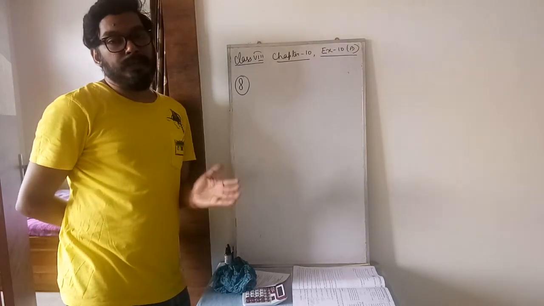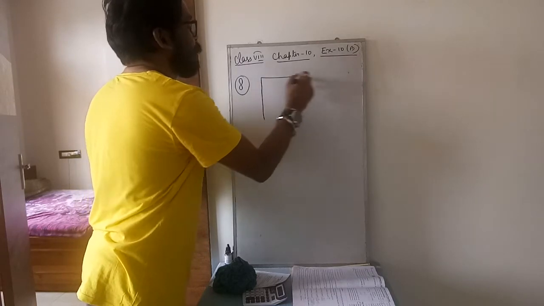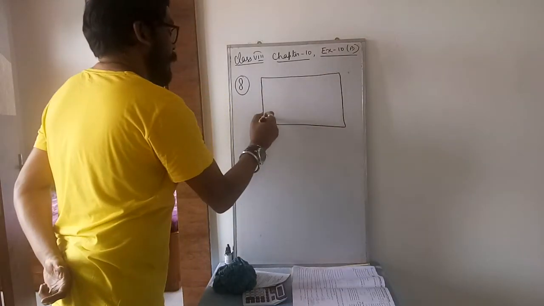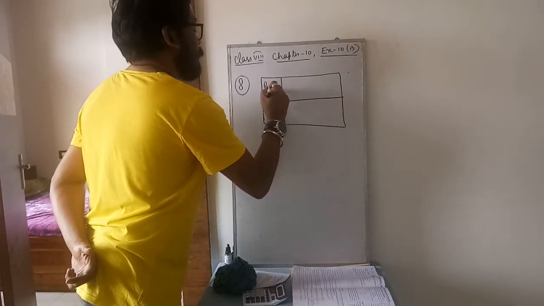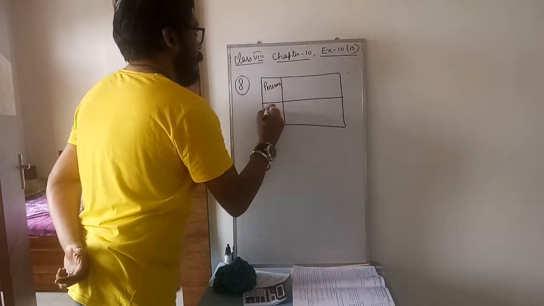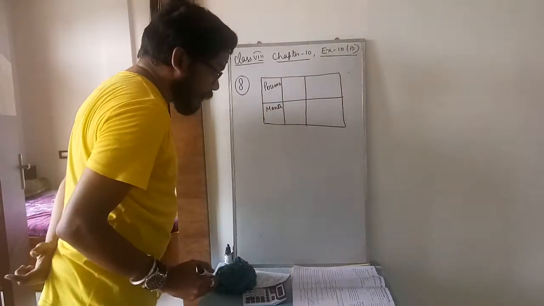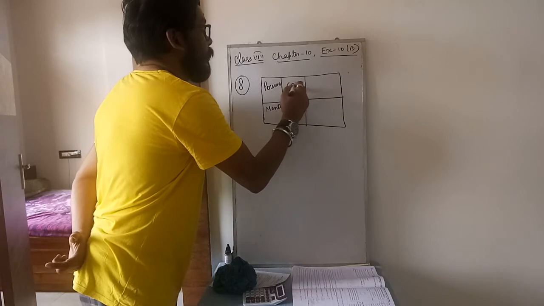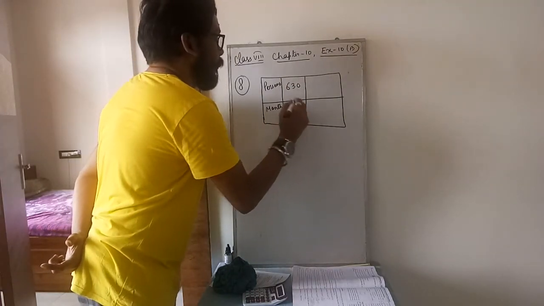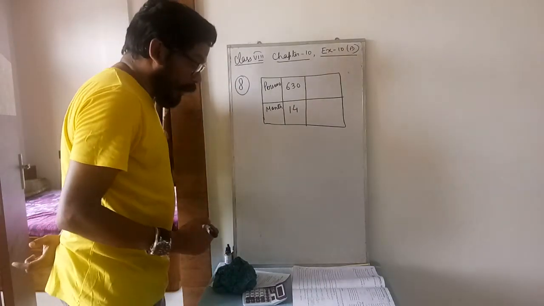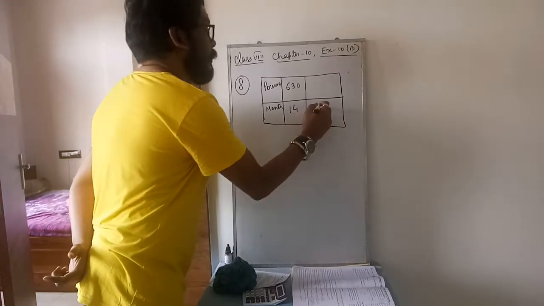So here the quantities are persons and months, meaning time. You can make a box. Persons, and here months. In the first case, 630 persons and 14 months. Now in how many months do you want to finish it? 9 months.